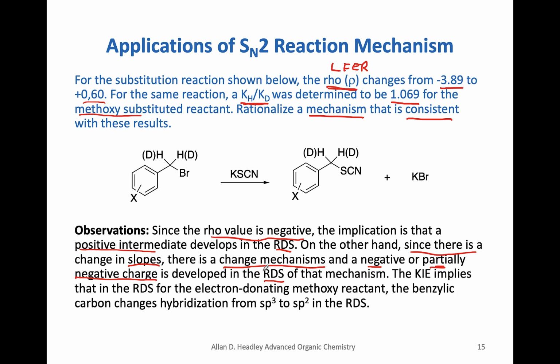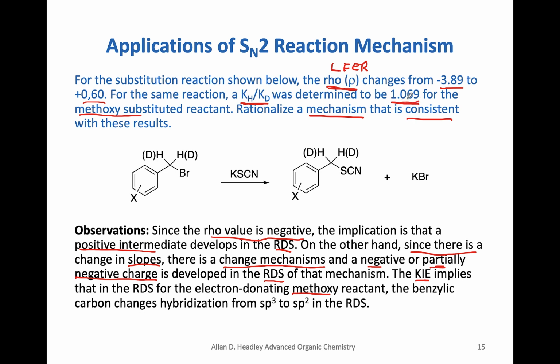So we'll have to determine what that could be. The last set of information here is the kinetic isotope effect for the electron donating group methoxy. Turns out to be, as we have seen here, 1.069.